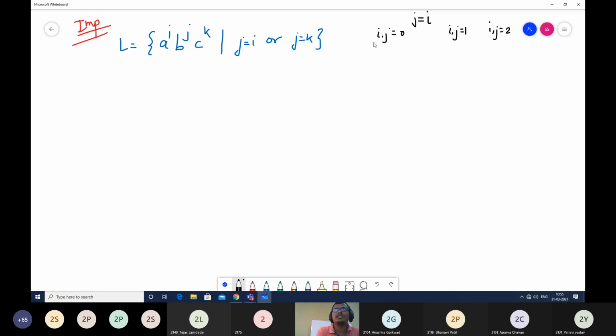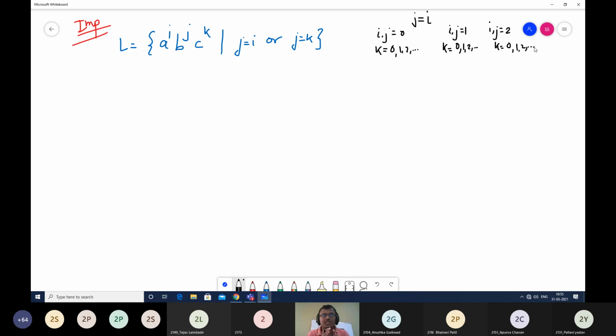In each case, what can be the possible values for K? 0, 1, 2, and so on. We have to maintain J is equal to I, so the number of A's should be equal to the number of B's, but we don't have a binding on the number of C's in that condition.